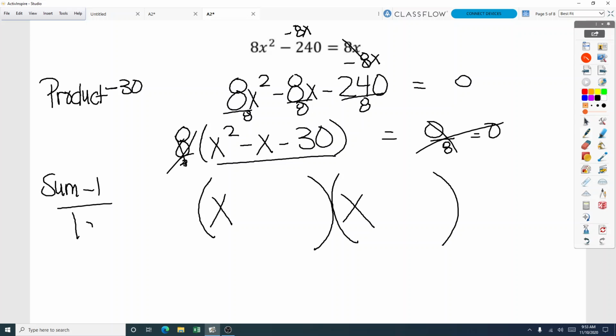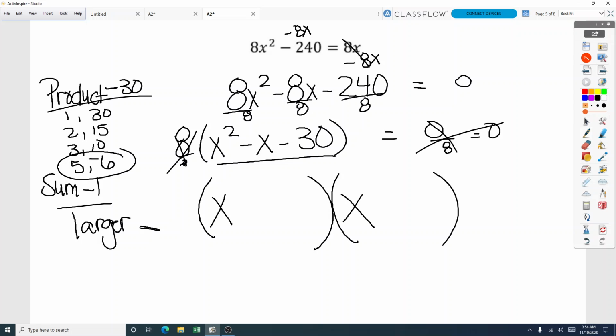Because the sum is -1, my larger number is negative. So 1 and 30, 2 and 15, 3 and 10, 5 and 6. So that gives me a -1. So I'm going to say plus 5 minus 6.